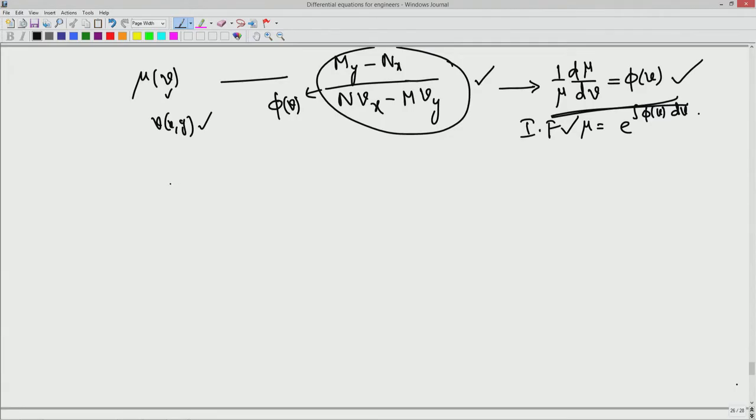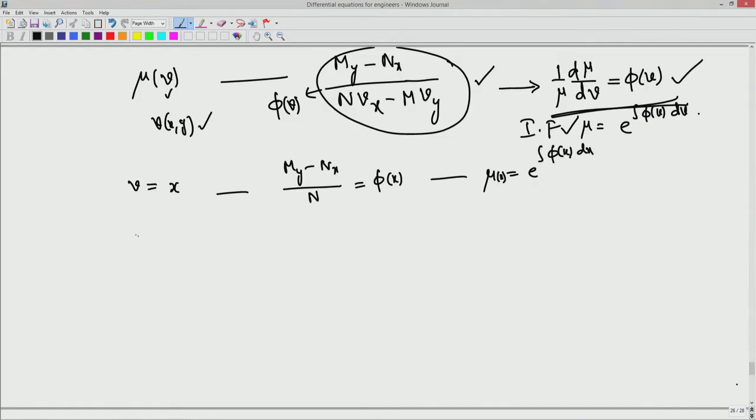I will just write at one place the standard forms. What you have to check: if my v equals x, then (M_y minus N_x) divided by N has to be phi of x, then mu is e power integral phi of x dx, a function of x.